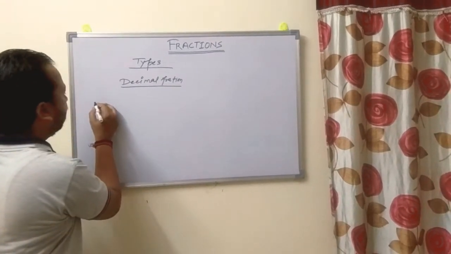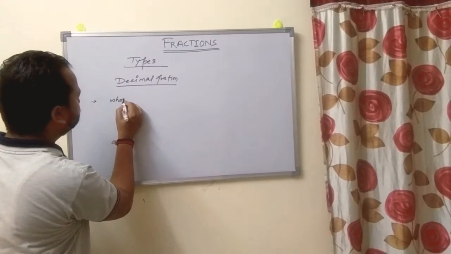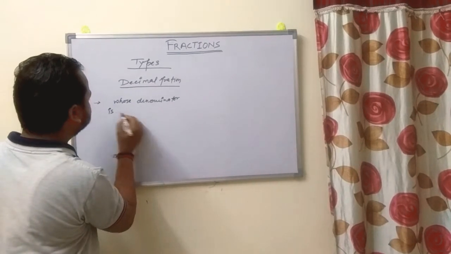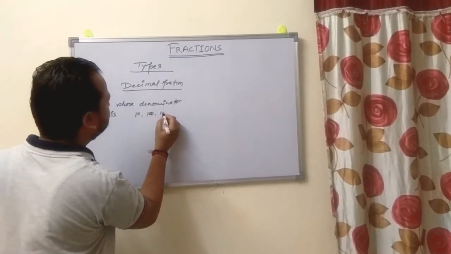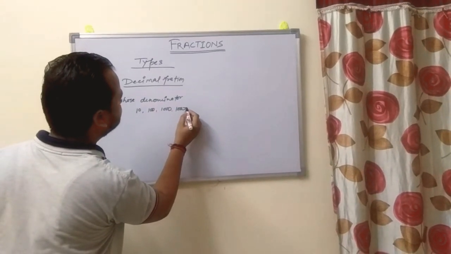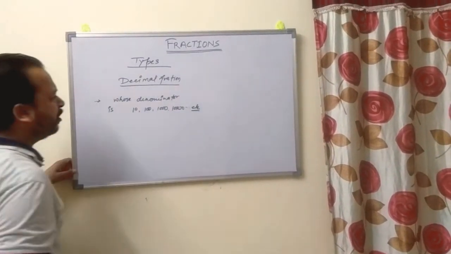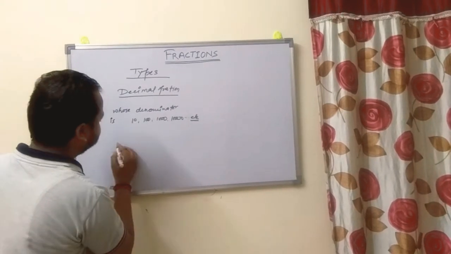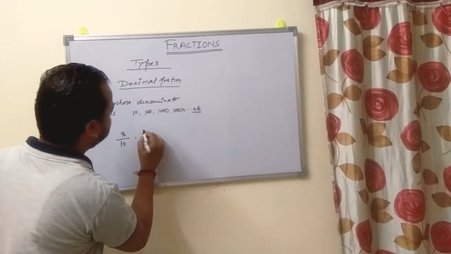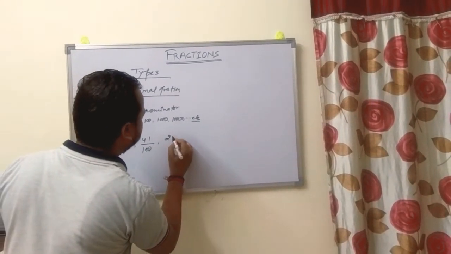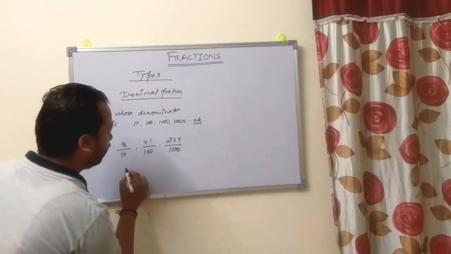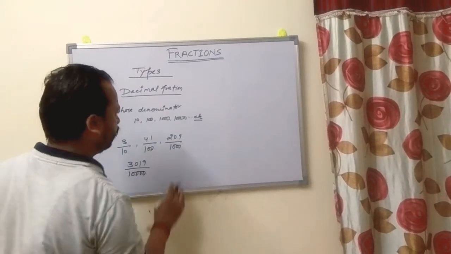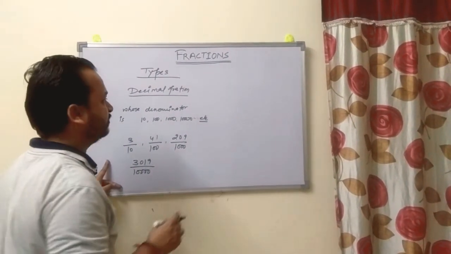Decimal fraction means those whose denominator is either 10, 100, 1000, 10,000, etc. Like suppose it is written as 3 by 10, 41 by 100, 209 by 1000, or 3019 upon 10,000 and so on. They all are known as decimal fractions.